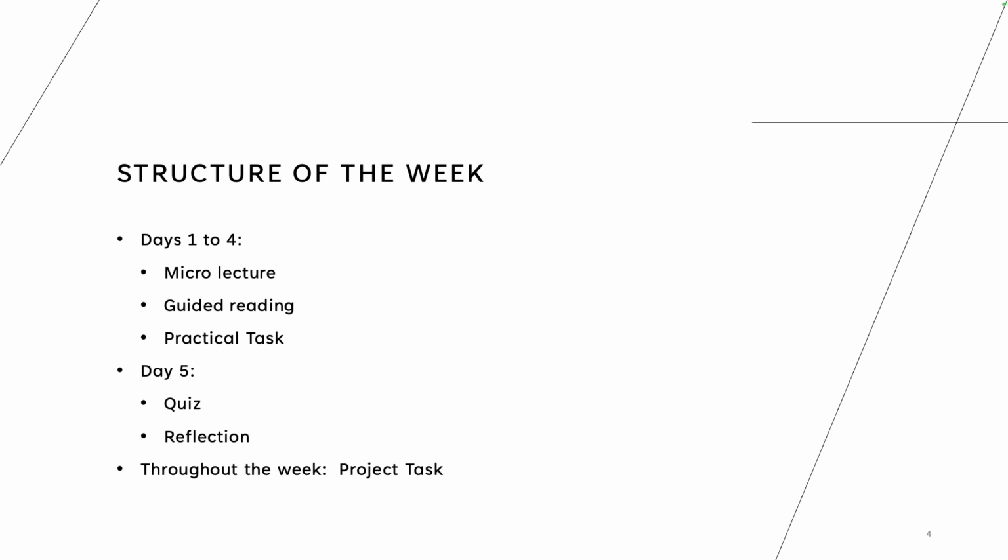So in addition to the daily activities, you'll also continue a project that runs throughout the module. Each week, you'll complete a small project milestone that contributes to a fully functional Django web application by the end of week 6. Now, in this week's project task, we will focus on introducing a model, storing data in a database, and displaying the data using ORM and templates.